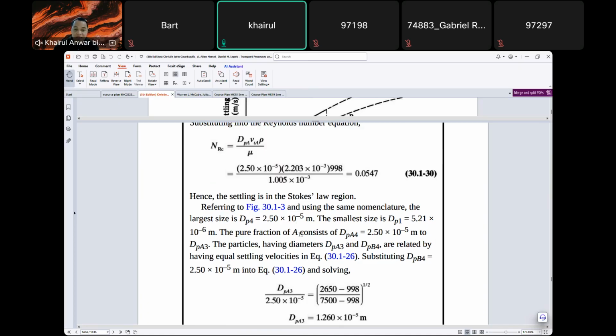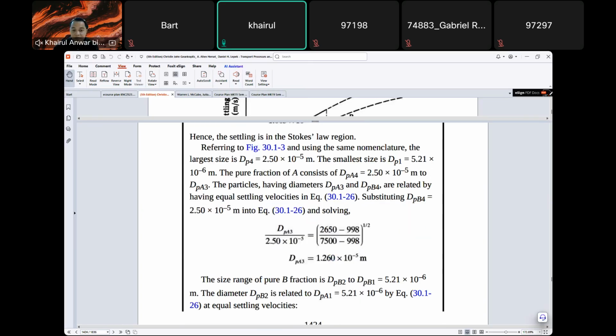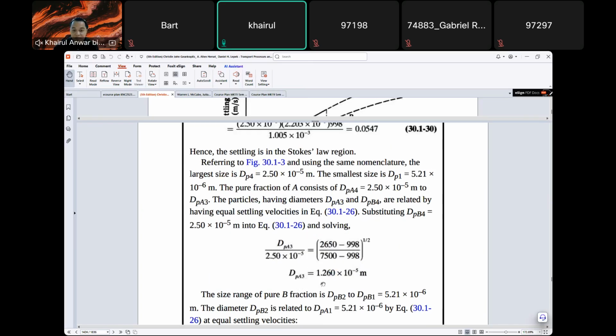So the pure fraction A consists of dpa4 to dpa3. The particles having diameters dpa3 and dpb4 are related by having equal settling velocity in equation 30.1-26. Substituting dpb4 equal to 2.5 times 10 to the power of -5 and solving for dpa3 gives 1.26 times 10 to the power of -5 meter.